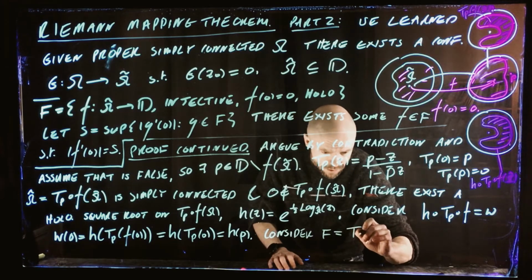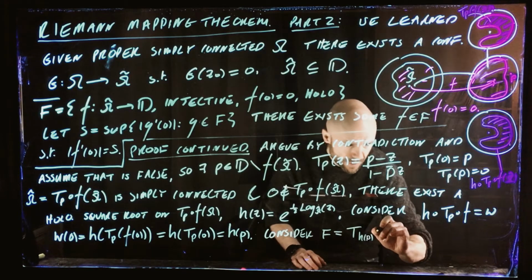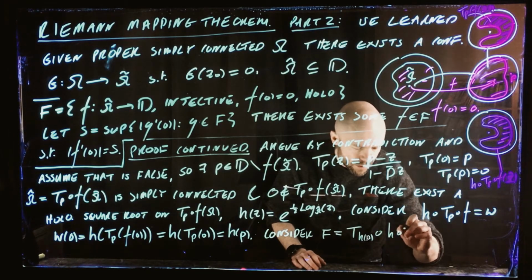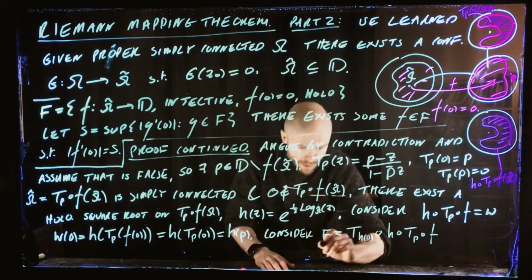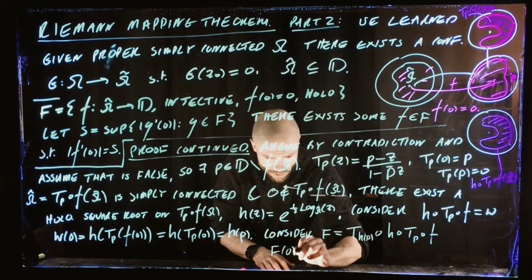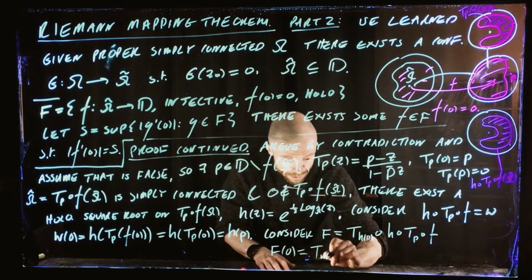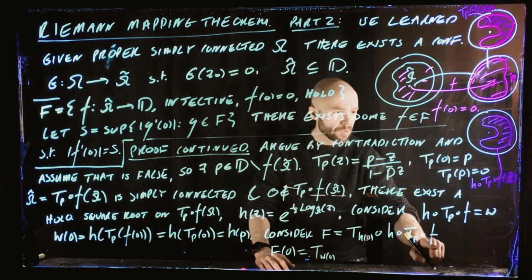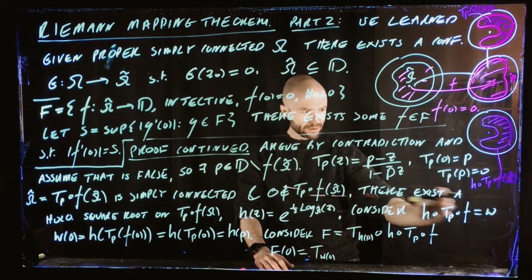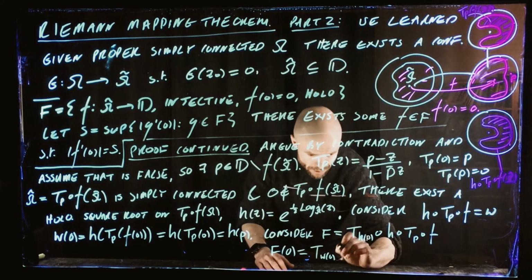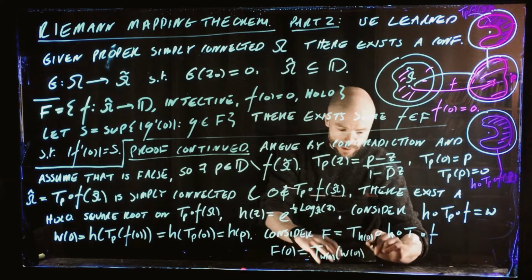So it's this guy, H of 0, which again is W of 0, composed with H, composed with T of P, composed with f. Okay, then F of 0 is T of H of 0, which is actually the same as W of 0, and this guy is what we define W to be, right? Wherever it is, this is W, right? And then this is this, and therefore it's sending this to 0.